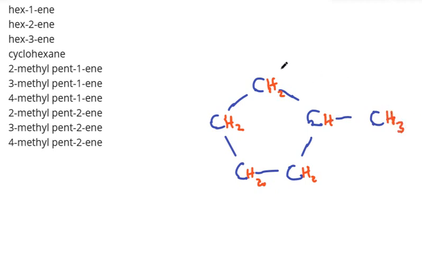What does that do for us hydrogen-wise? We have 3, 4, 5, 6, 7, 8, 9, 10, 11, 12. So that actually works. We could have methylcyclopentane. There doesn't seem to be any problem with that.